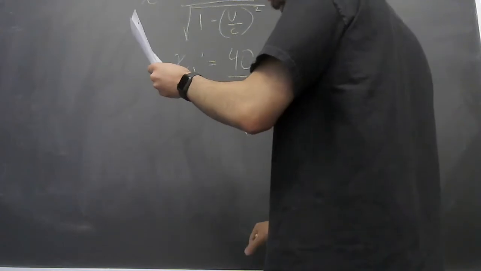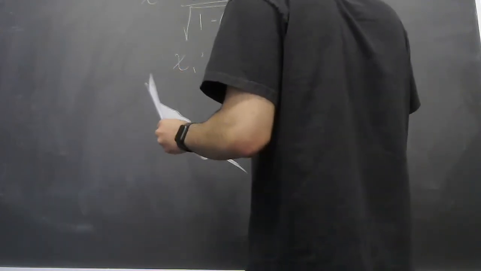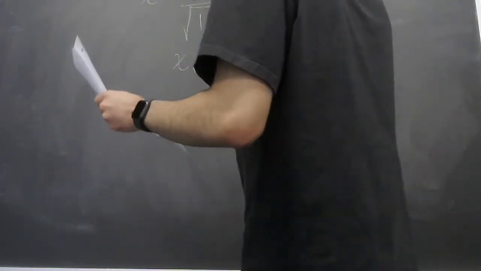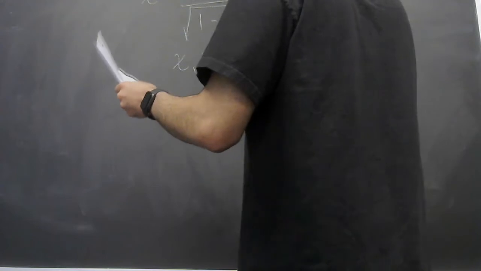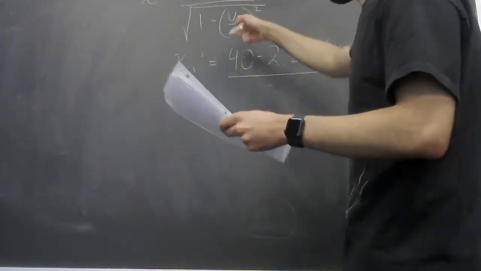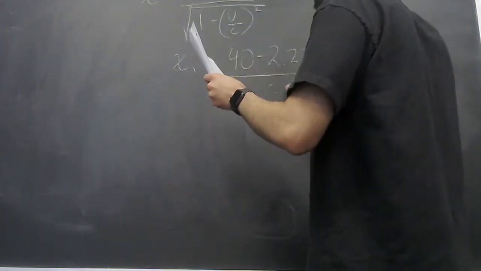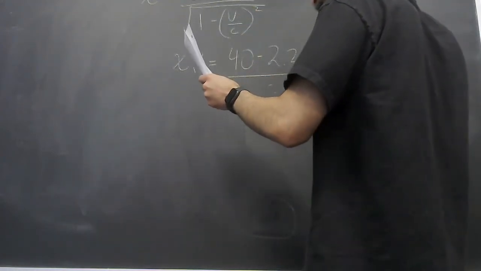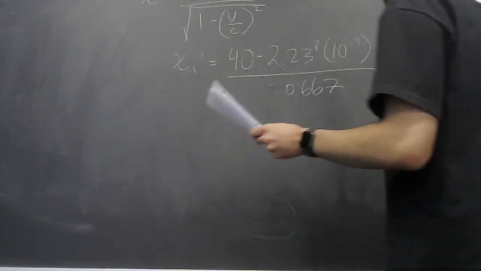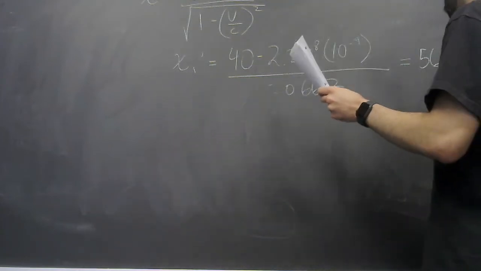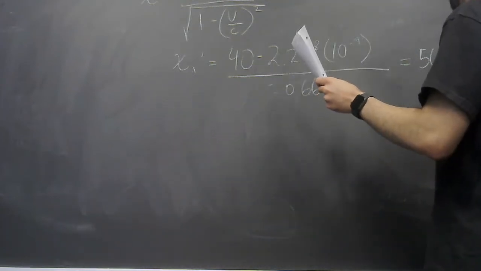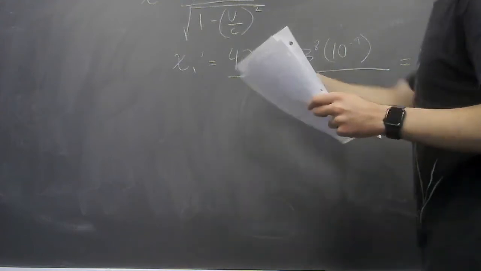I already solved this bottom part for you. You just plug into this equation, and it comes out as 0.667. This whole thing comes out to be 56.6 meters, right? So now we know x1 prime.